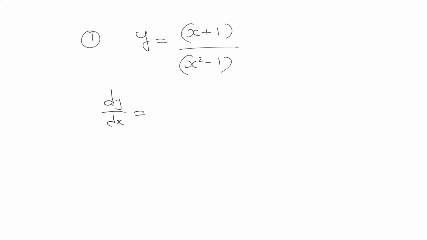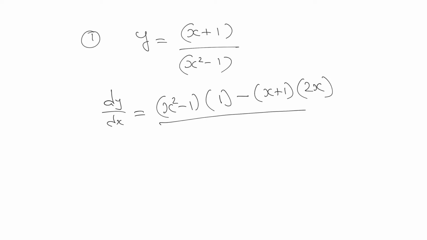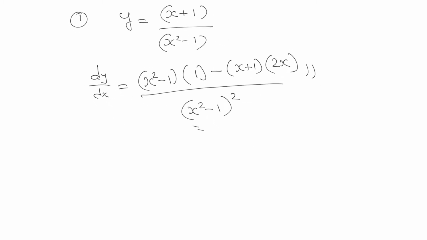According to our formula, we take the denominator, x² − 1, into the differentiation of the numerator. The differentiation of x + 1 is 1, minus the numerator, that is x + 1, into the differentiation of the denominator. The differentiation of x² is 2x and of 1 is 0. The whole divided by (x² − 1) the whole square, the square of the denominator.